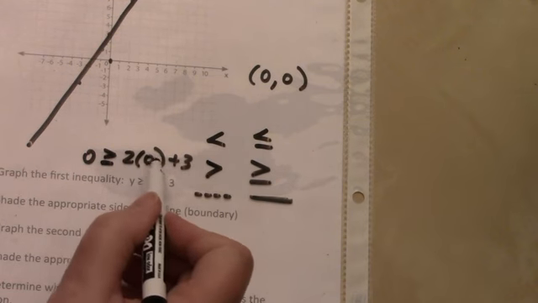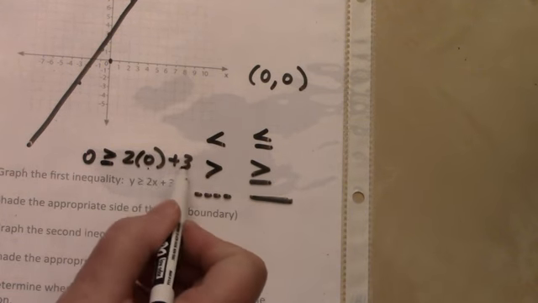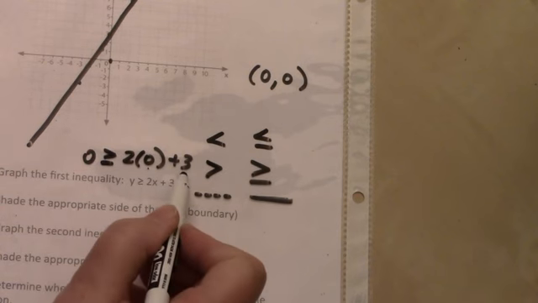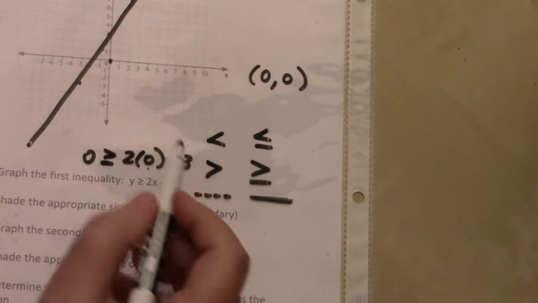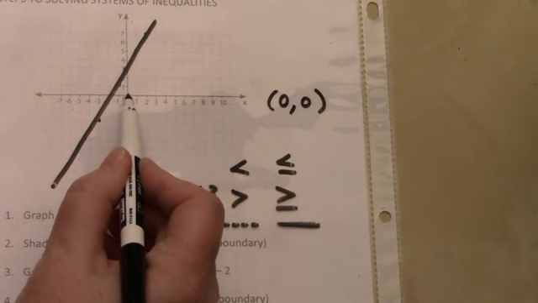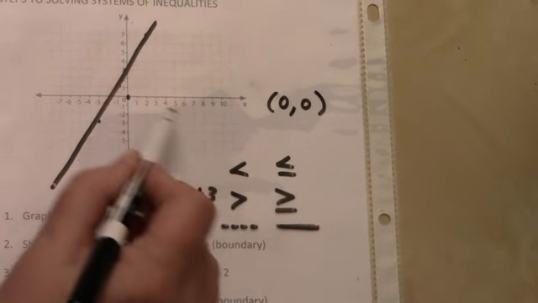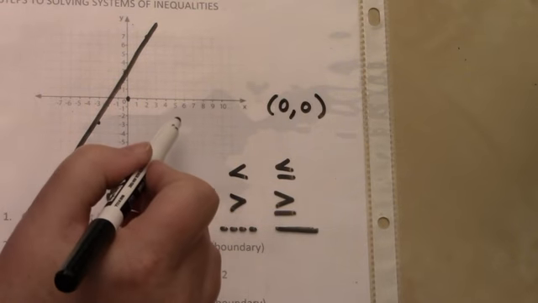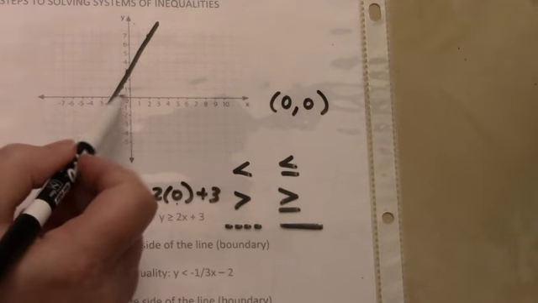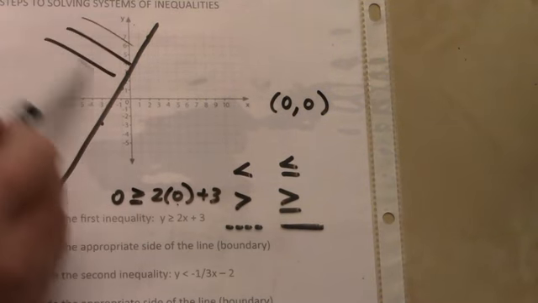Because 2 times 0 is 0. 0 plus 3 is 3. Is 0 greater than 3? No. That means this point is not a solution. That means everything on this side is not a solution. That means instead of shading this side, I'm going to shade this side.